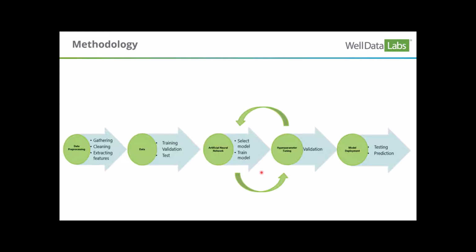Then we start changing the parameters, something called hyperparameter tuning, especially for artificial neural networks. That's when we start making changes to the model, and based on the training and validation data, we try to improve the accuracy of the model. So once we have this algorithm selected, we test it at the end using the test data, and that's where we get our predictions and our accuracy.